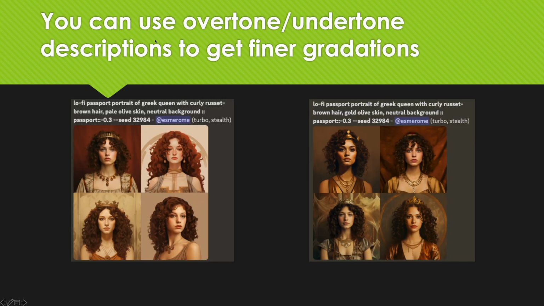You can also use over and undertone descriptions to get finer gradations. So we have here a Greek queen with curly russet brown hair, pale olive skin versus gold olive skin. You can see this, even though we have the same seed, she definitely has a different look. Here she's more pale, here her skin is more gold, and of course it's affected the background.